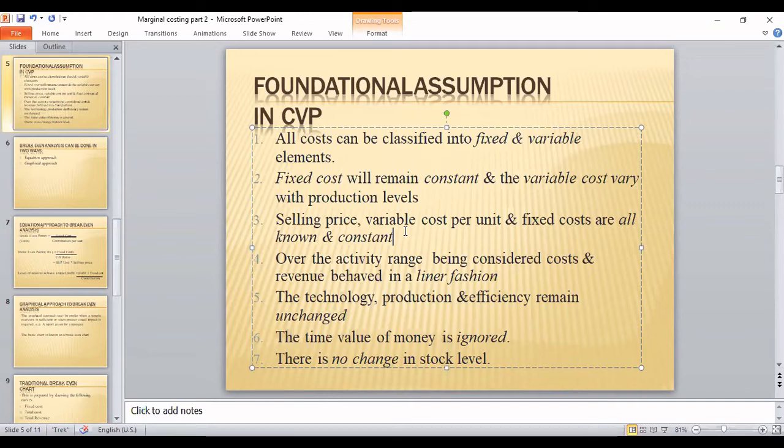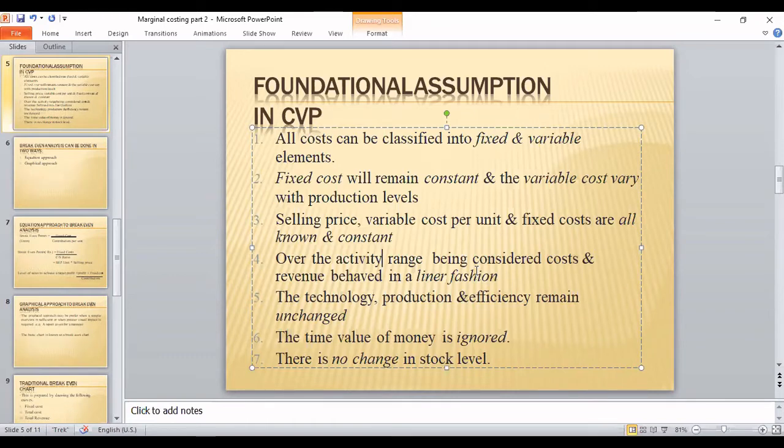Everyone, is this part clear, beta? Yes, sir. Then next, they are saying over the activity range being considered, the cost and revenue behave in a linear fashion. Matlab, throughout the year it will remain same. There will be no very huge ups and downs. That is the basic assumption. अगर बेटा पूरा ups and down बहुत ज़्यादा हो जाता है तो भी calculation और assumptions fit नहीं होगा. Is this part clear, everyone?